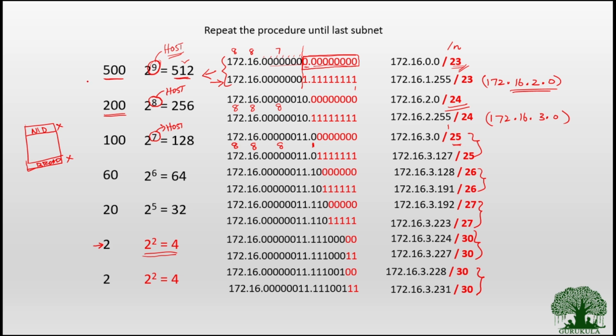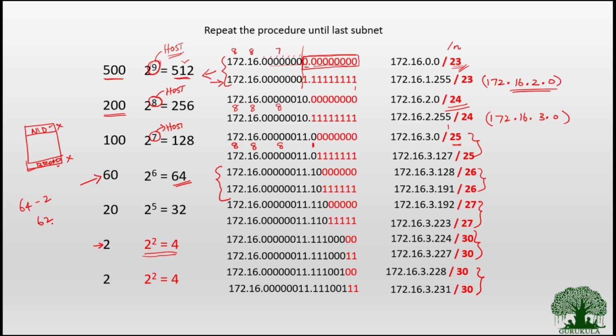And also you can notice that the wastage of IP addresses is greatly reduced in this variable length subnetting. Here, I am going to connect 60 hosts in this particular subnet. Even though this subnet has 64 IP addresses, out of 64, 2 IP addresses will be left for the network ID and the broadcast ID.